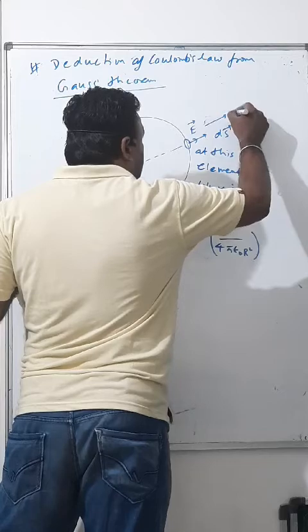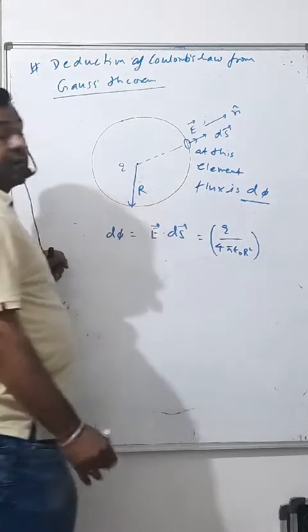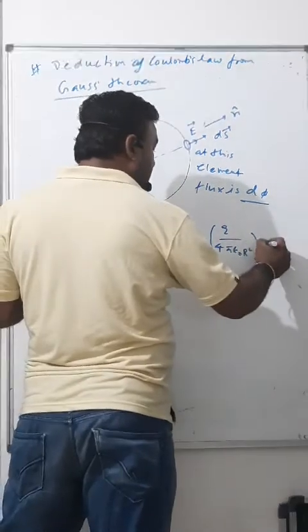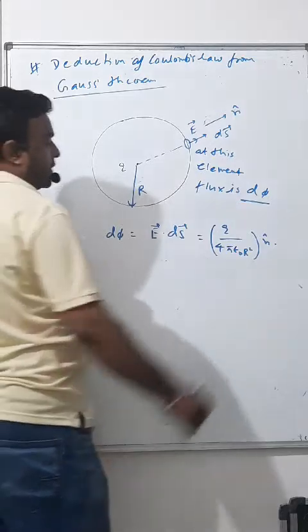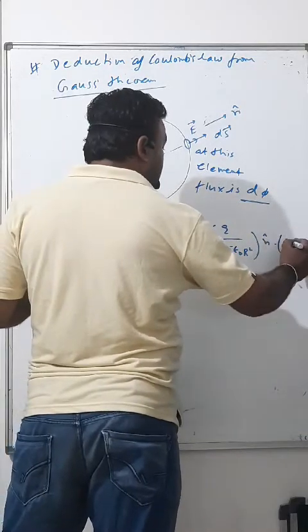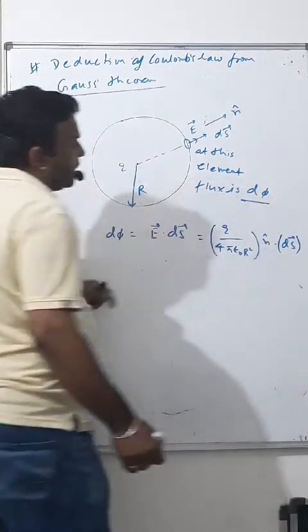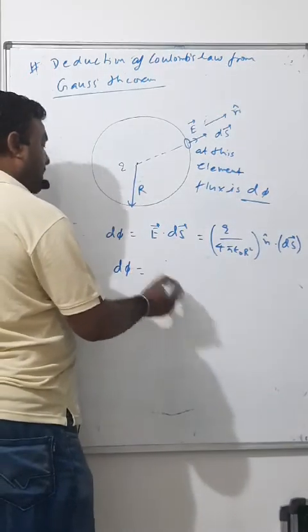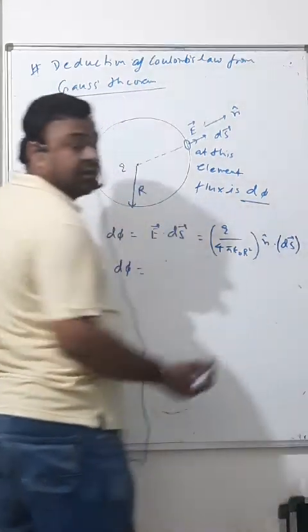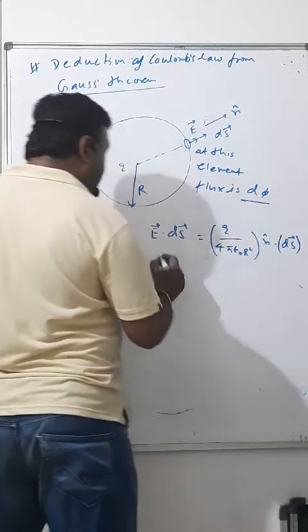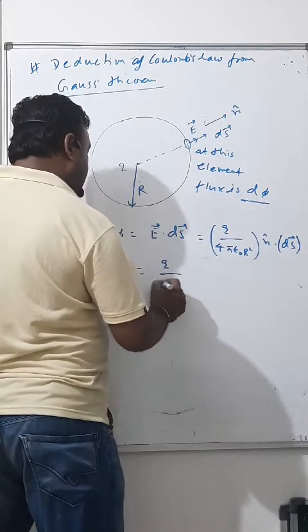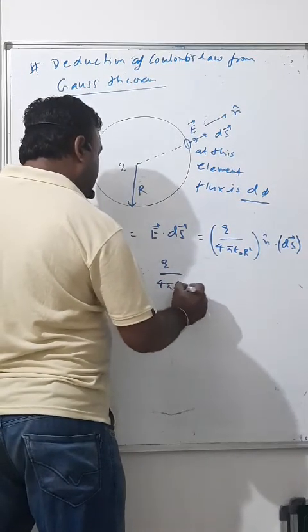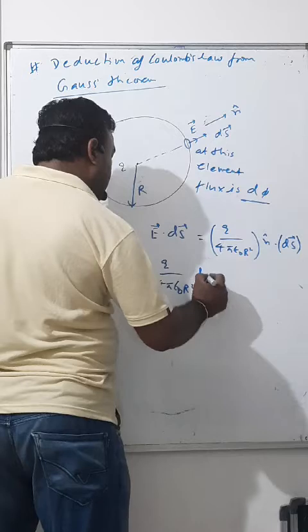I draw a unit vector n cap in this direction. n cap dot ds. ds is also along n cap. So the angle between n cap and ds will be 0, and n cap is a unit vector. I have Q by 4 pi epsilon naught R square times ds.